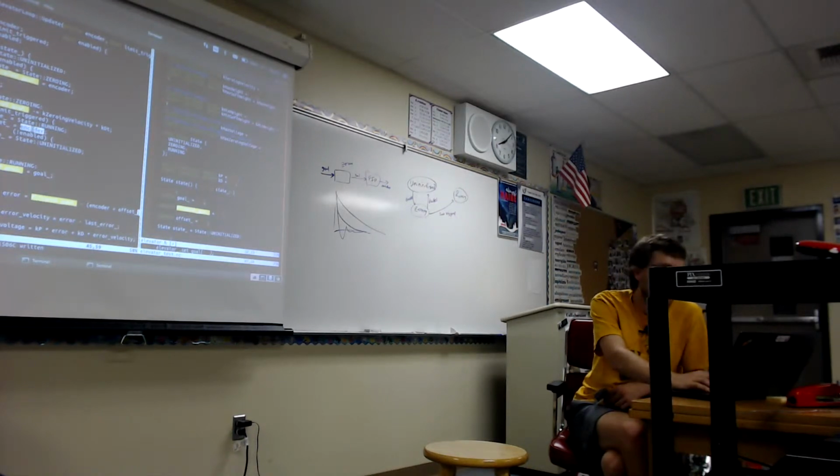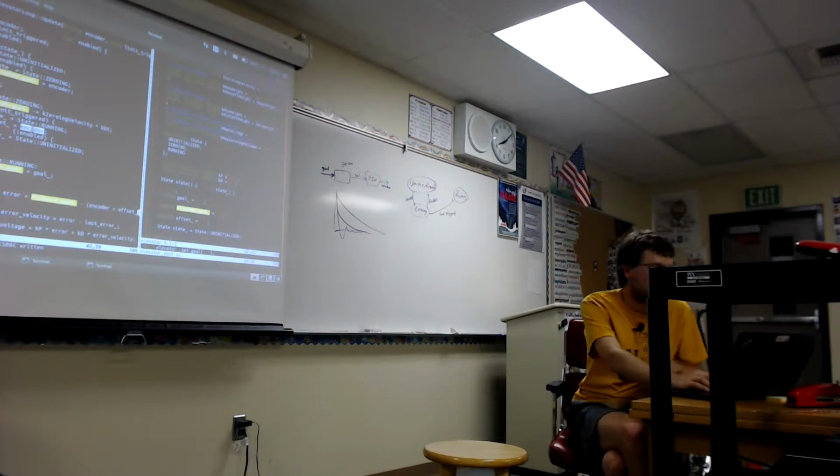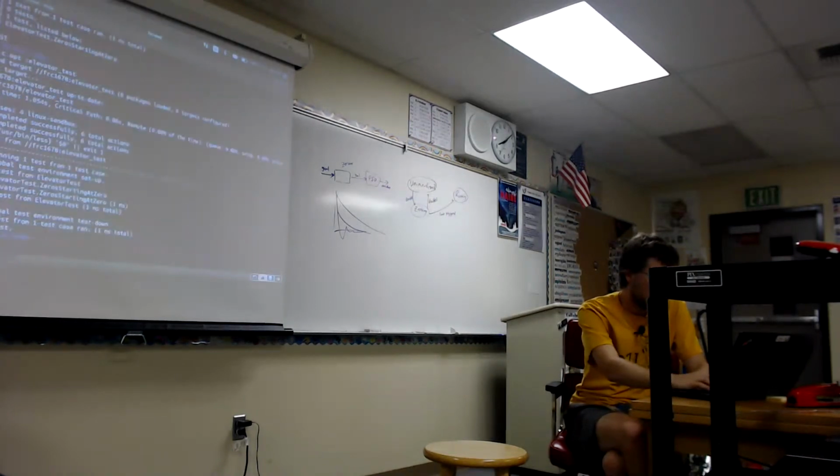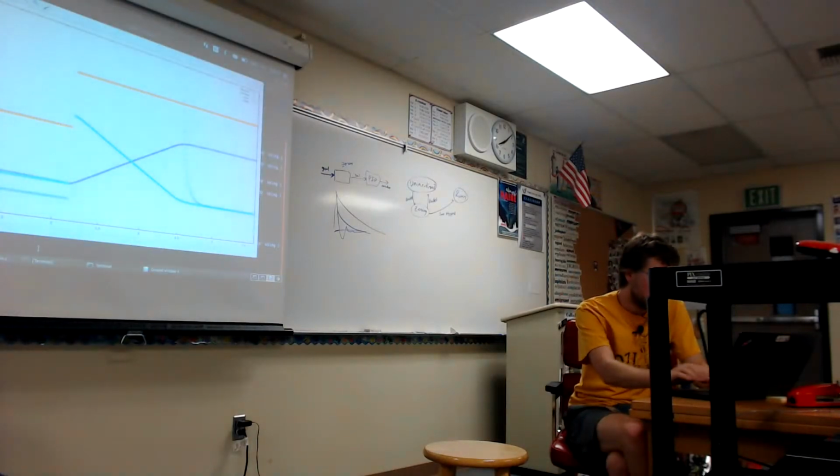I feel like I'm missing a minus sign. Is that right? Minus initial position. Yeah. Our test will be pretty clear on if we got it right. Just pass. Let's see. Yeah, looks a lot better.